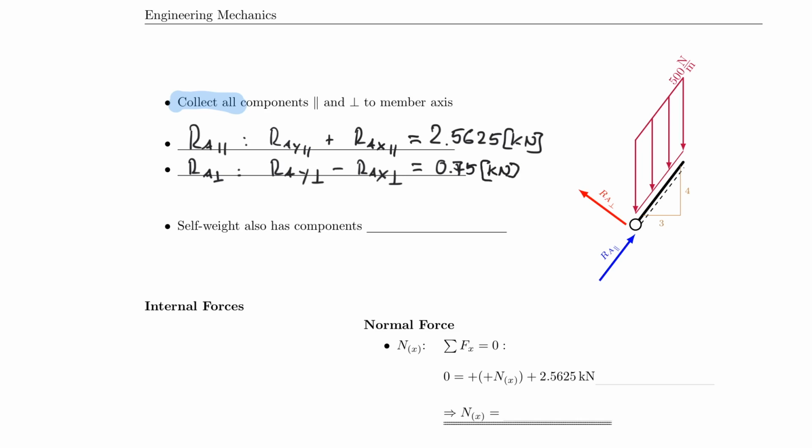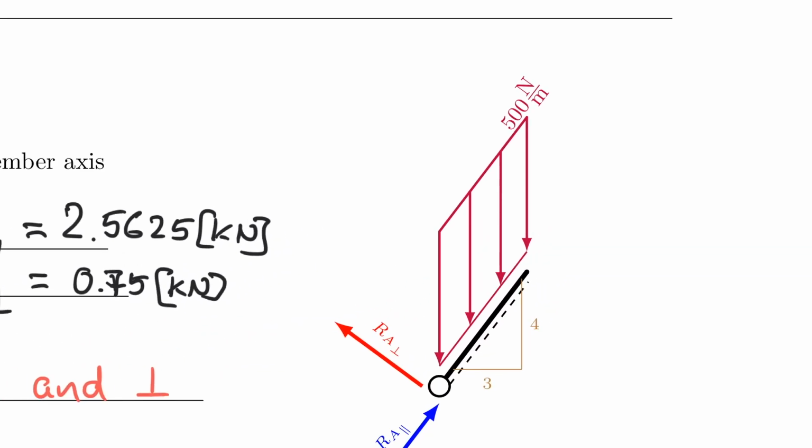So that is all nice, except let's keep in mind that self-weight also has components that are parallel and perpendicular. So we now have to break those down, and what we will effectively have is a vertical force that is the hypotenuse, which is 5.